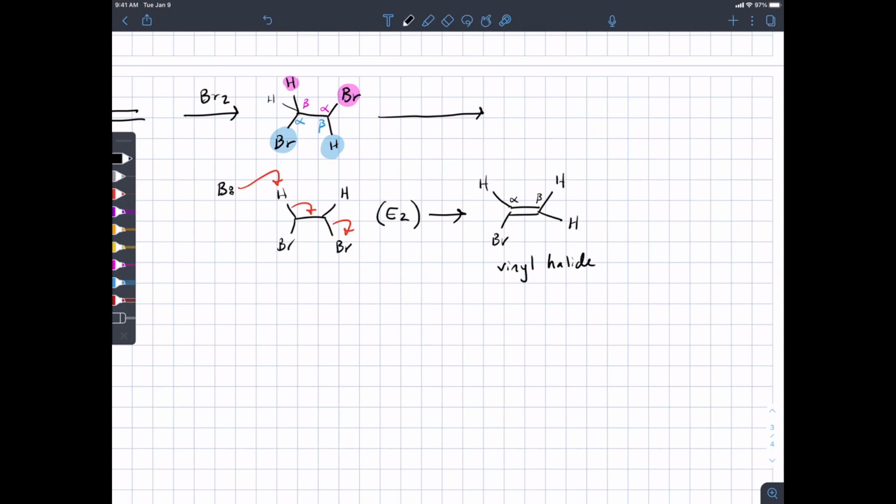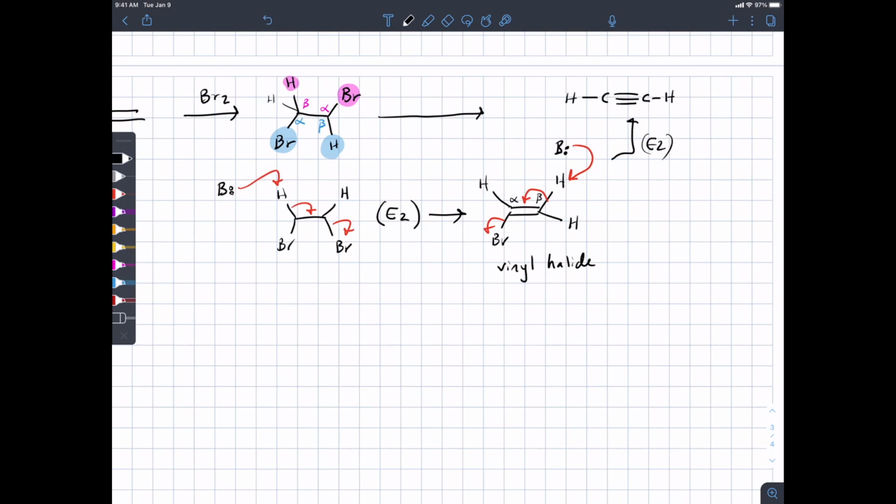But if your base is strong enough, you can have the base remove a second proton to kick off the second bromo group, and that generates, via another E2 reaction, the triple bond. Okay?